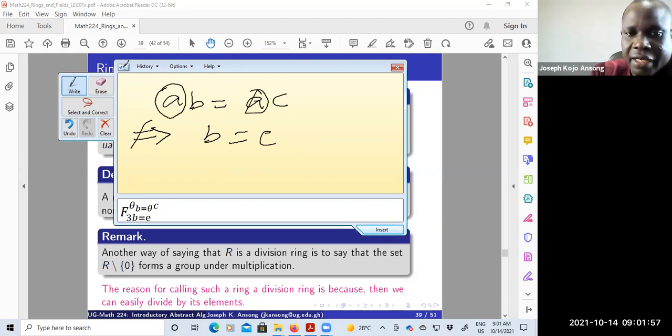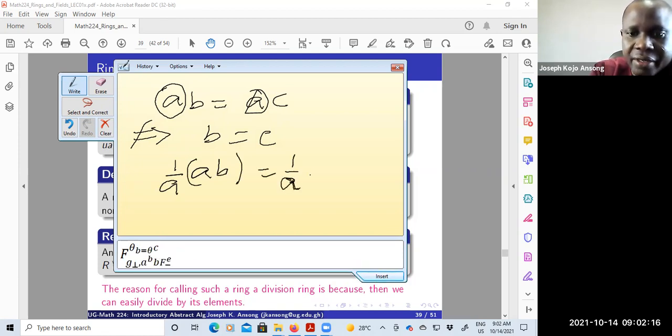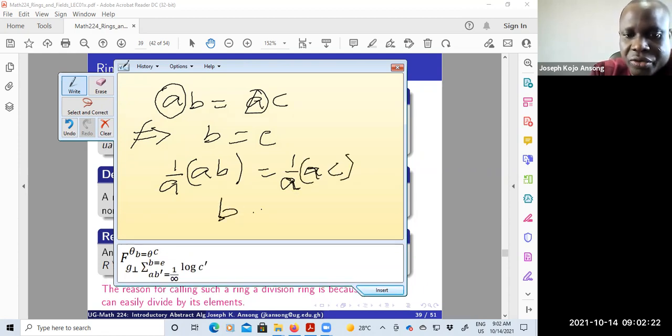And if A is an element of a division ring and is not 0, then it has a multiplicative inverse. Therefore, I can multiply by the inverse of A on this side, and do the same thing on this side, and then they cancel out, and I have B equal to C.